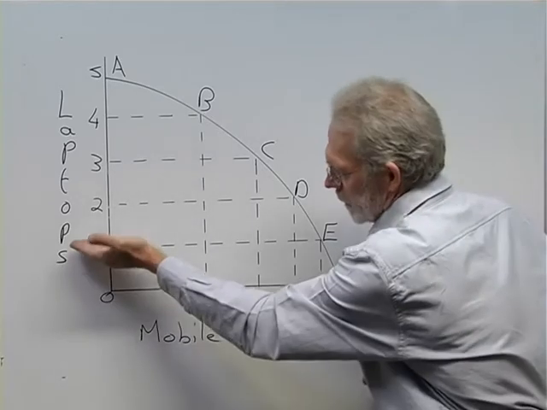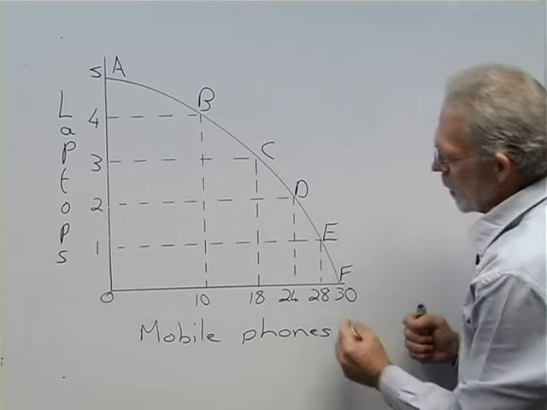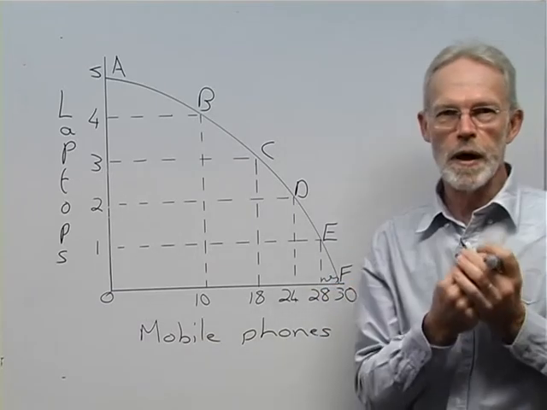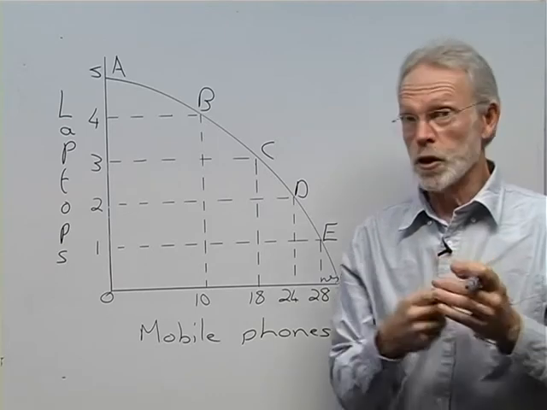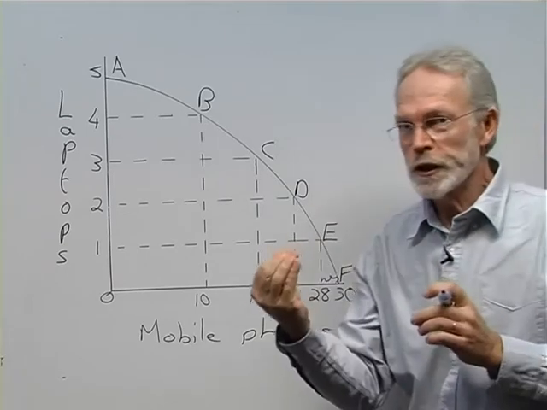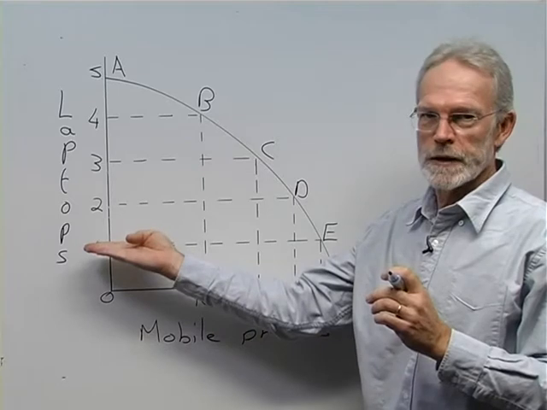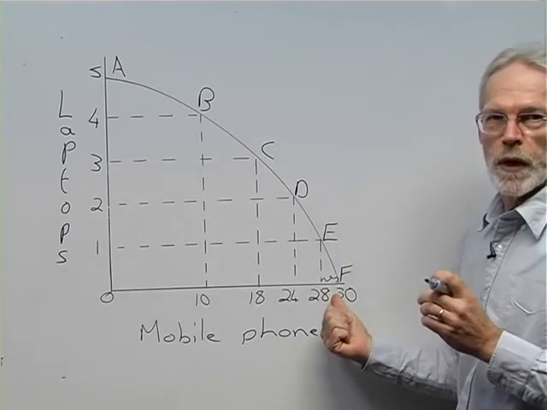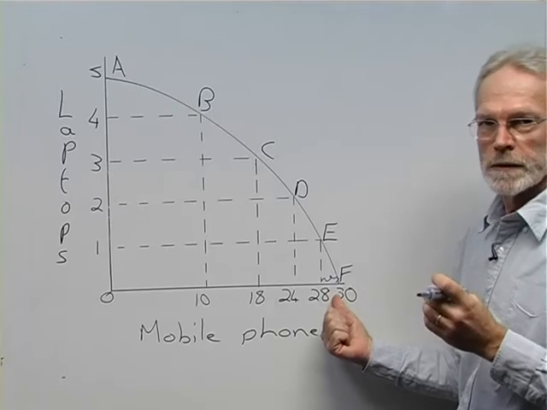So to gain 1,000 laptops, we have to give up 2,000 mobile phones. You can also say the opportunity cost of producing 1,000 laptops is 2,000 mobile phones.